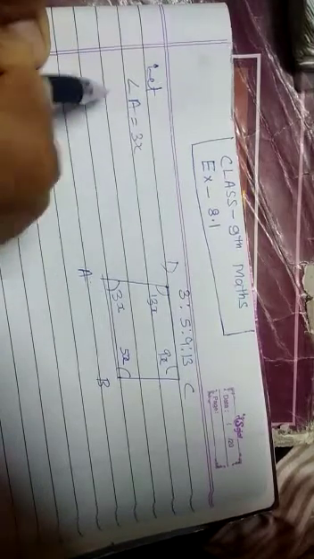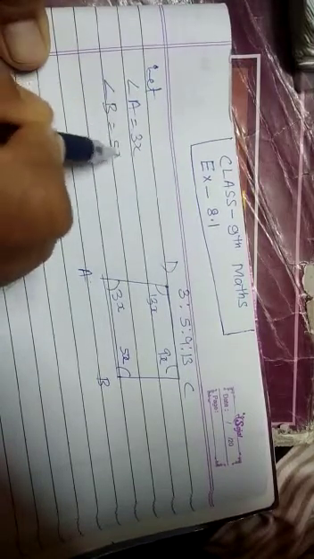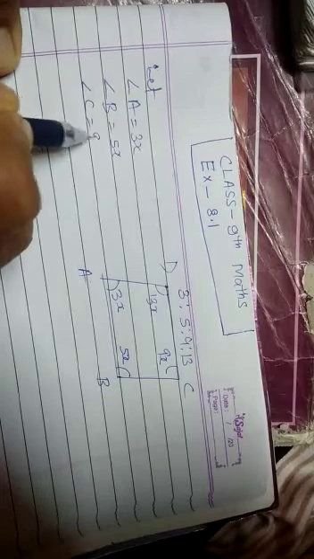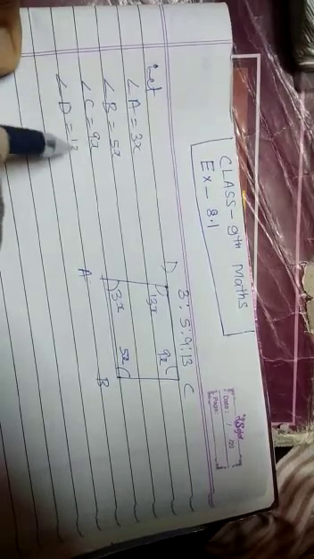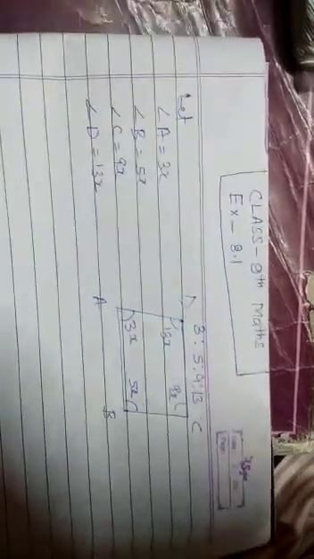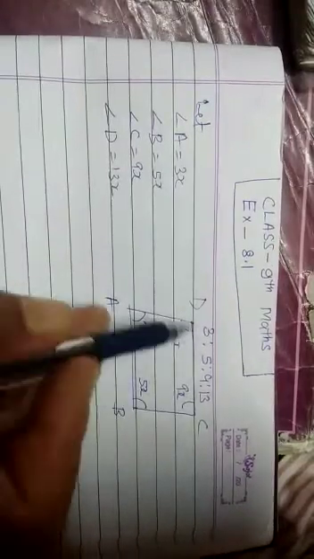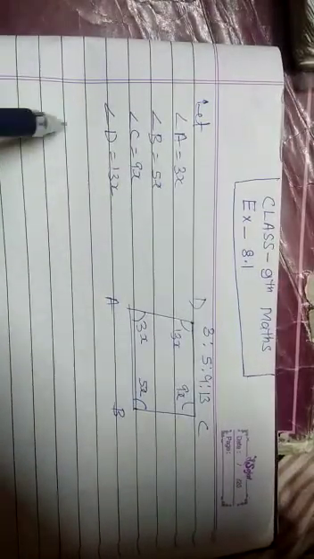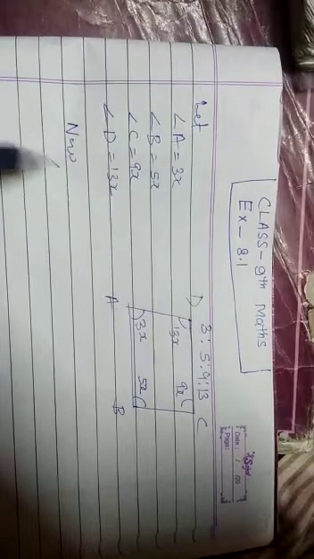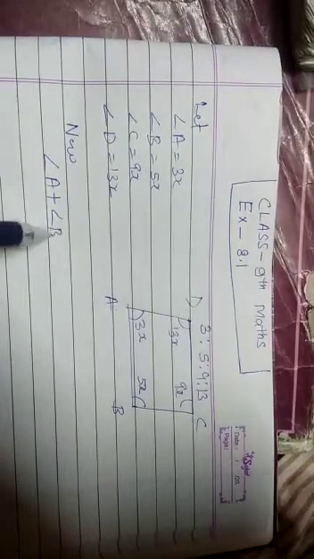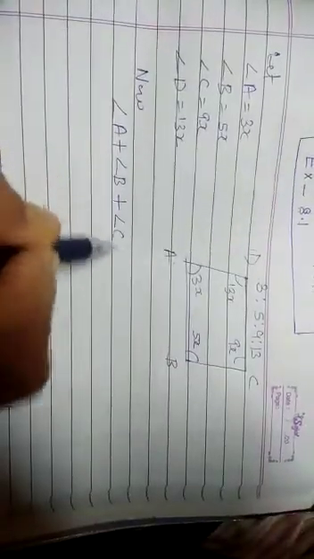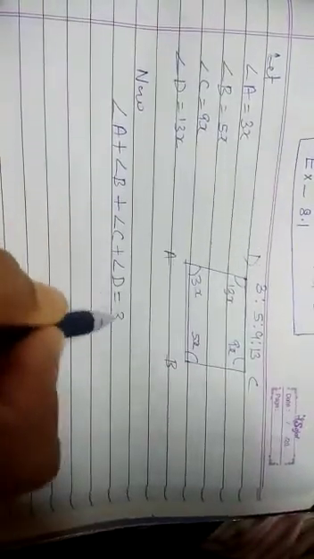So first we will suppose, let angle A equal 3x, angle B equal 5x, angle C equal 9x, angle D equal 13x. Now, beta, you know the sum of all the angles of a quadrilateral is 360 degrees. Angle A plus angle B plus angle C plus angle D is equal to 360 degrees.